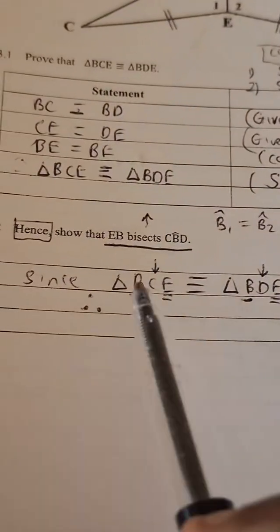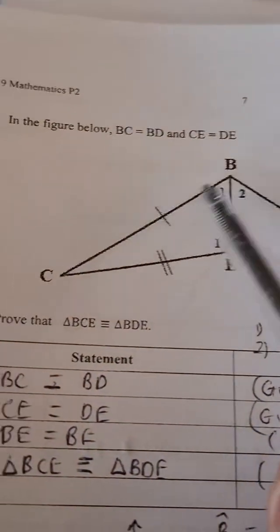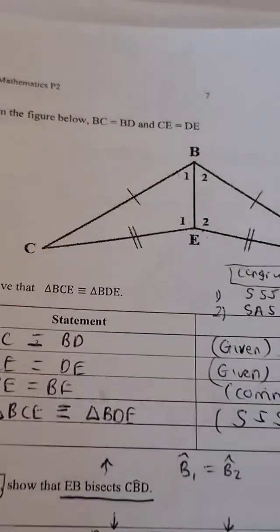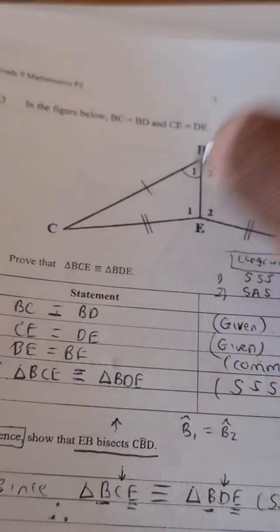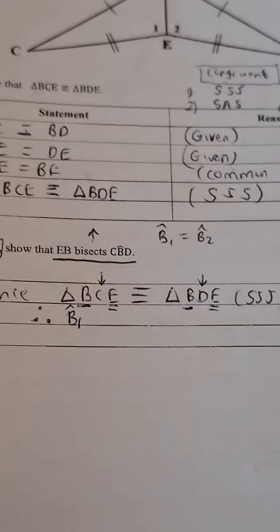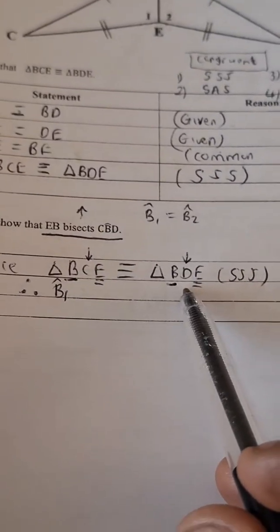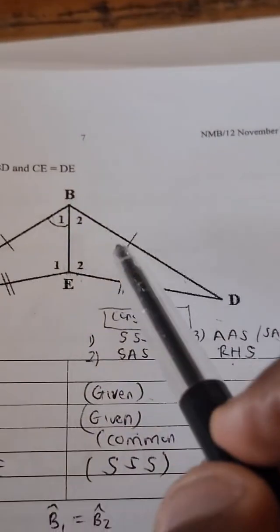Now let's check. For BCE, what angle is that? Isn't that angle B1? So we can say angle B1 for this triangle. Let's check here. Let's go to triangle BDE.